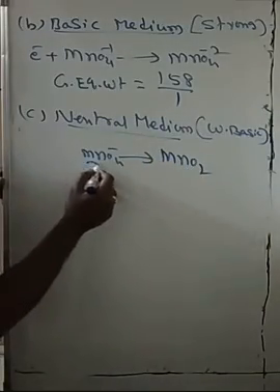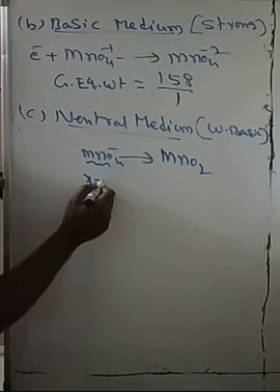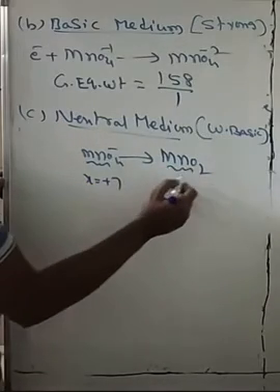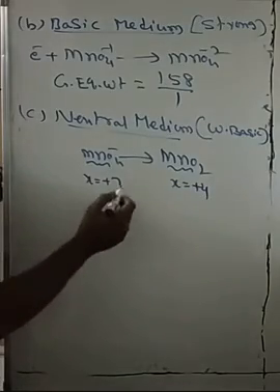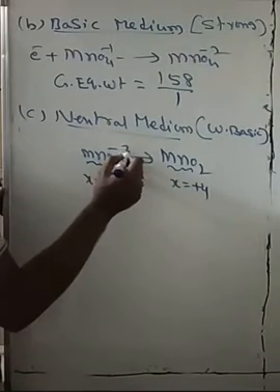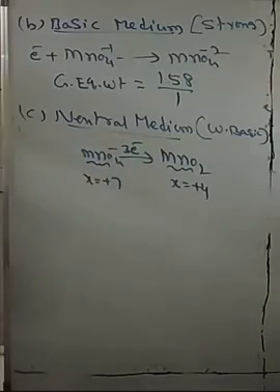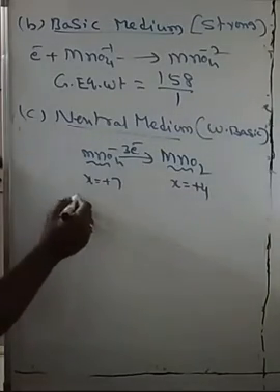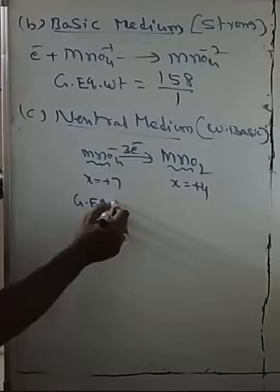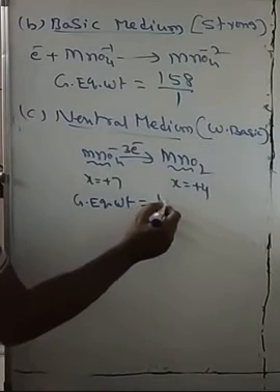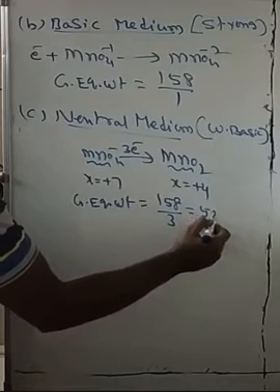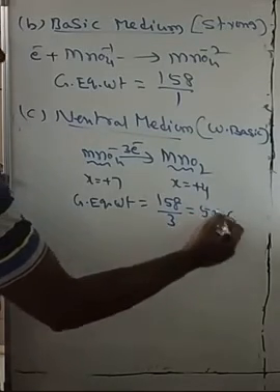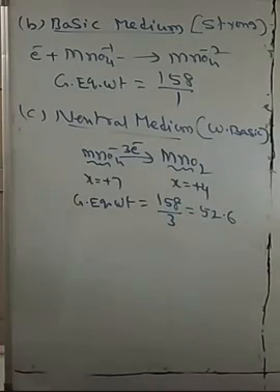Here the oxidation state of manganese is plus 7, and the oxidation state of manganese in MnO2 is plus 4. The difference involves how many electrons? 3 electrons participate. Therefore, your gram equivalent weight you can take as 158 by 3. It becomes 52.6. This is the gram equivalent weight of KMnO4.